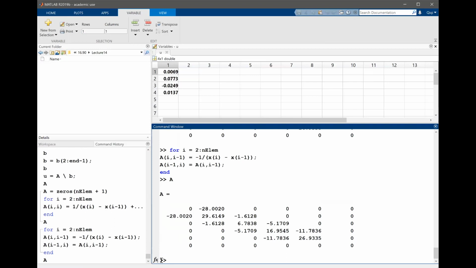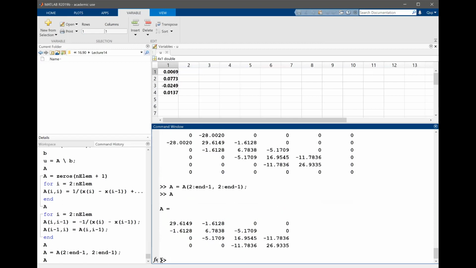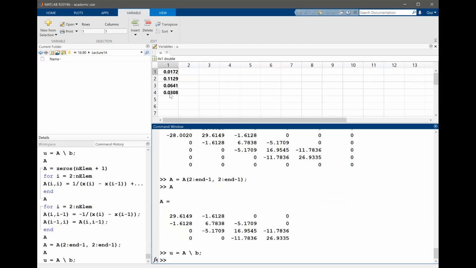Okay, my A is that, and A is equal to, get rid of the first row, first column, last row, last column. That's my A. And my U is equal to A backslash B. So my U is like that. All right, so my U is positive. That's something I do expect, right?